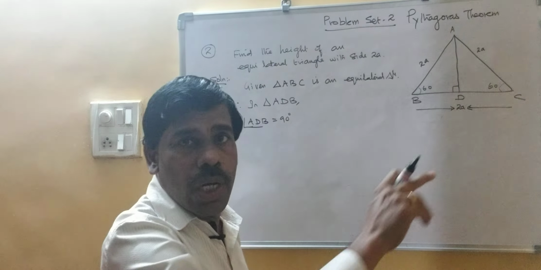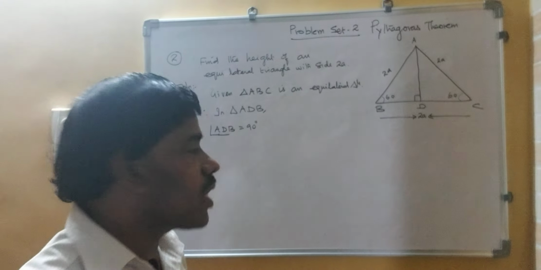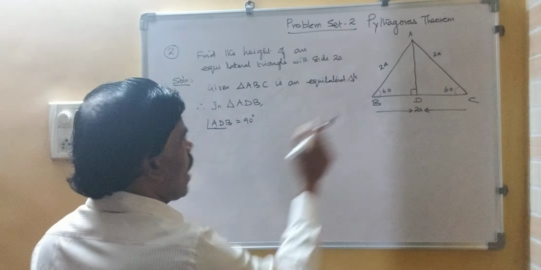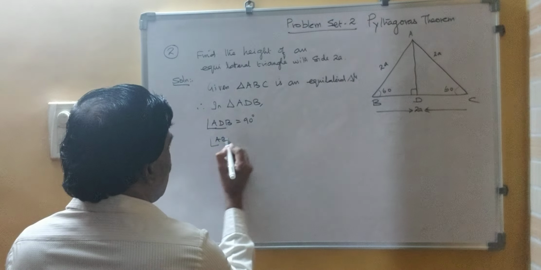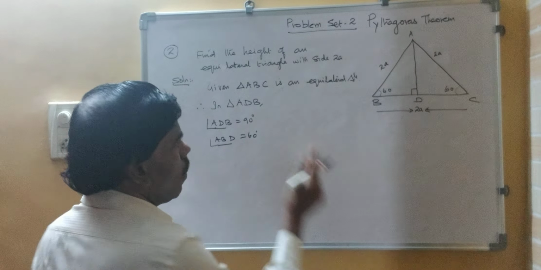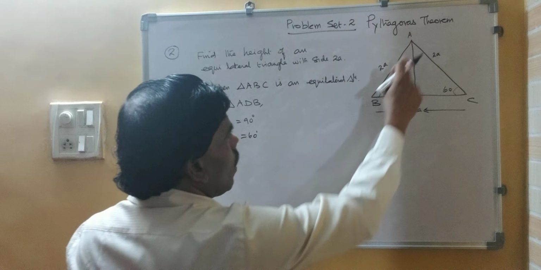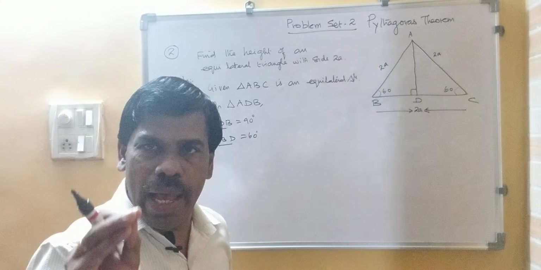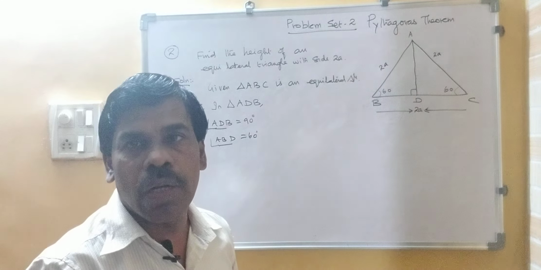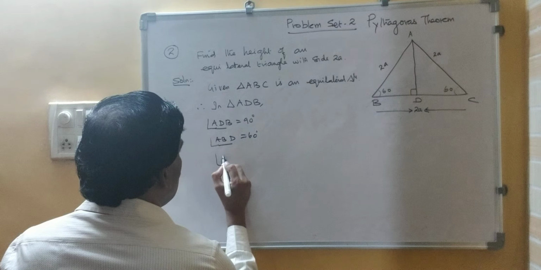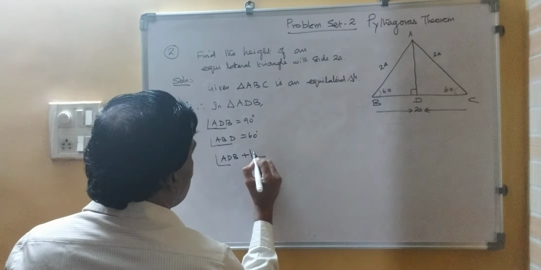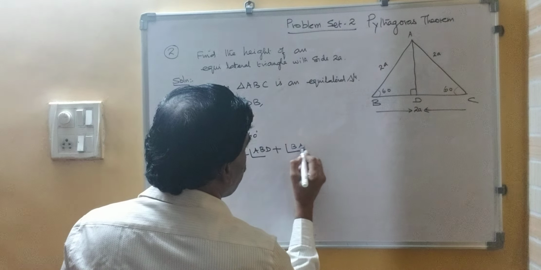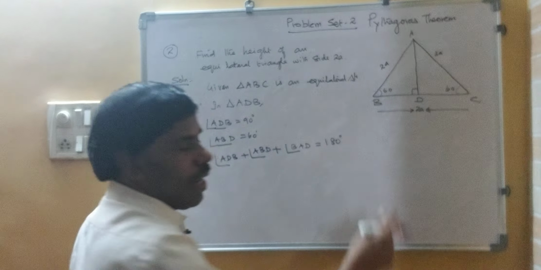Okay. Now as I told you, each angle is 60 degree here. Angle A is also 60, B is also 60, C is also 60. Therefore this angle ABD is 60. Now we have taken this triangle ADB. In triangle ADB, if you add 3 angles, what will be the total sum of the measure? 180. So, angle ADB plus angle ABD plus angle BAD equal to 180 degree, right?